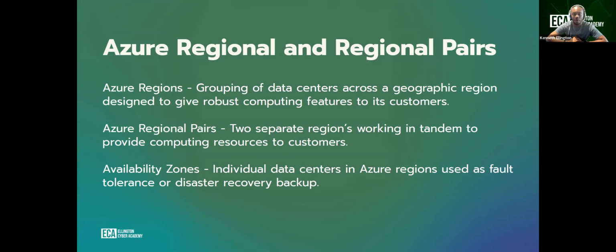Then you have availability zones. These are individual data centers in Azure regions that are normally used for fault tolerance. So if you're a multinational company or just domestically a large company in the US, you don't want to put all of your tool sets inside of one region for data centers, right? Because, for example, there is a hurricane in, I think, California, San Diego, LA area.